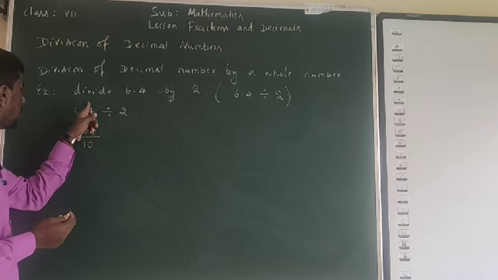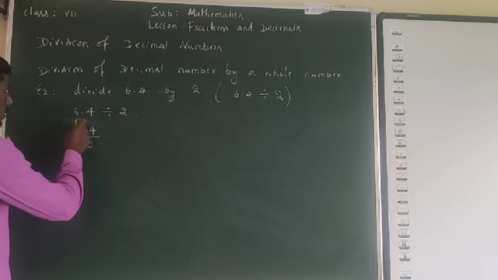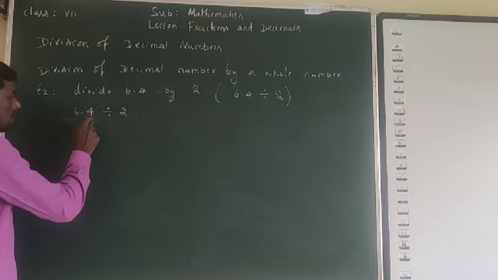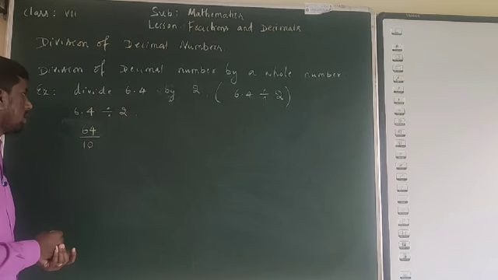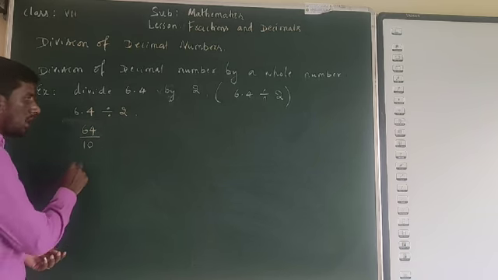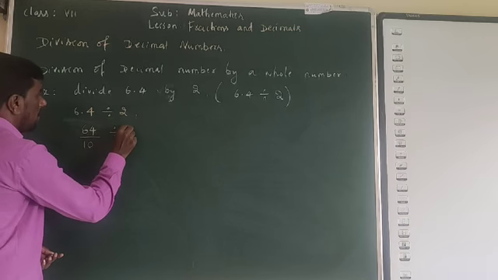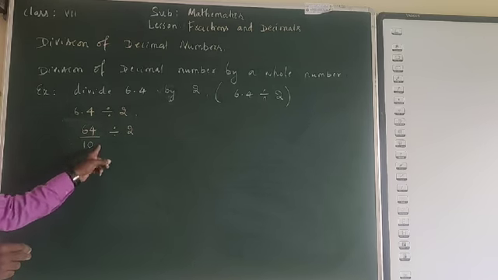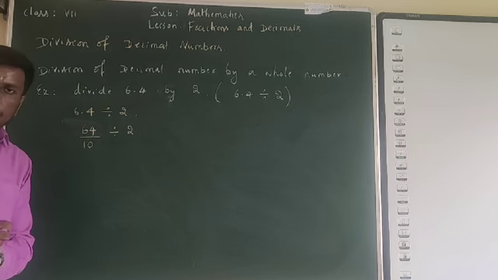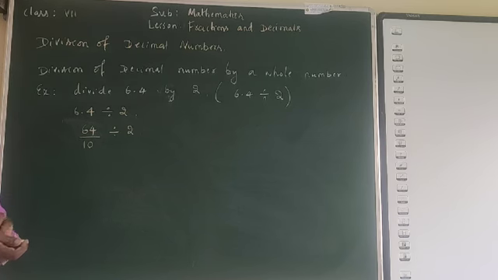For the decimal point, we have one digit, so if you bring the decimal point here, then you give 1 0 to the denominator, right? So 64 by 10 divided by 2. I have written 6.4 in fraction form, that is 64 by 10, and 2 I have written like this.